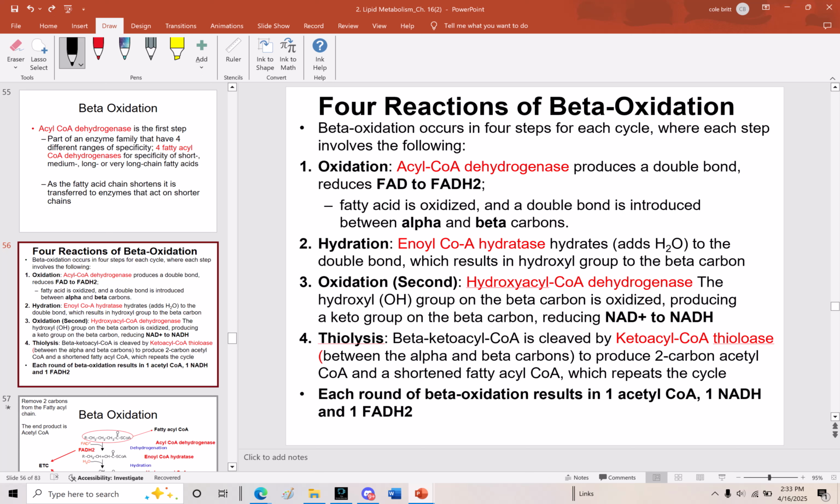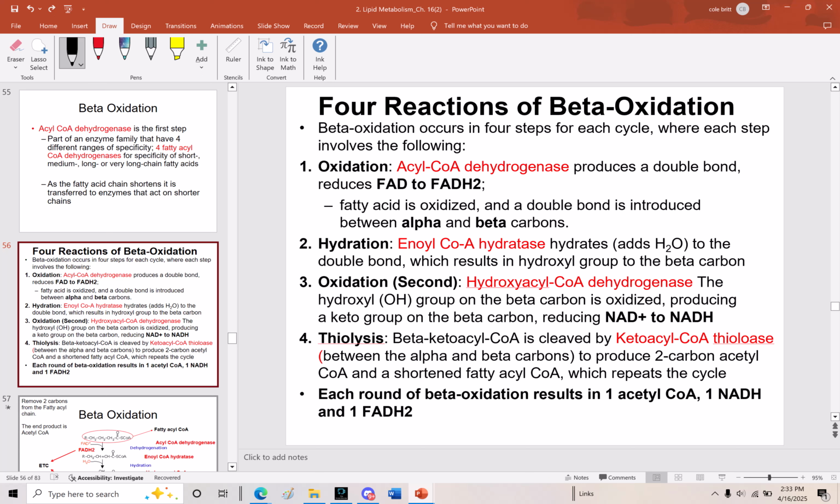And we make an NADH. So the first step, we make an FADH2. The third step, we make an NADH. And the fourth step, we make an acetyl-CoA. That's done by an enzyme that I usually just call a thiolase.